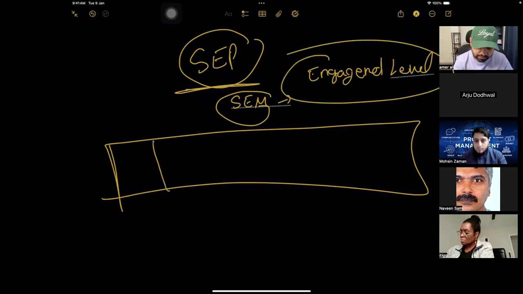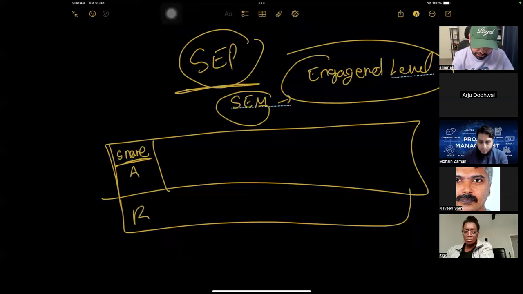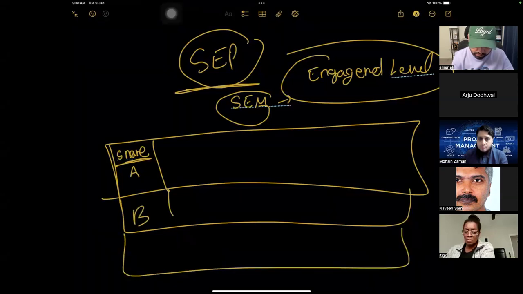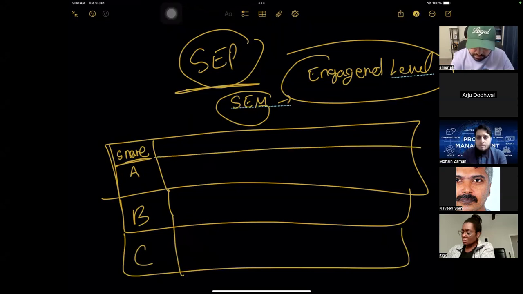Let's say these are the stakeholder names: A, B, C.